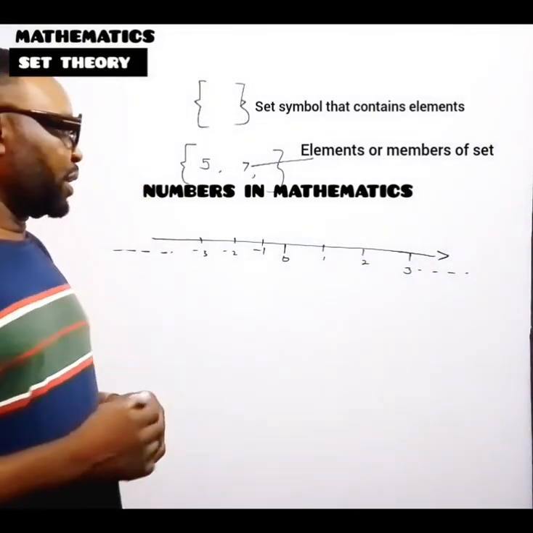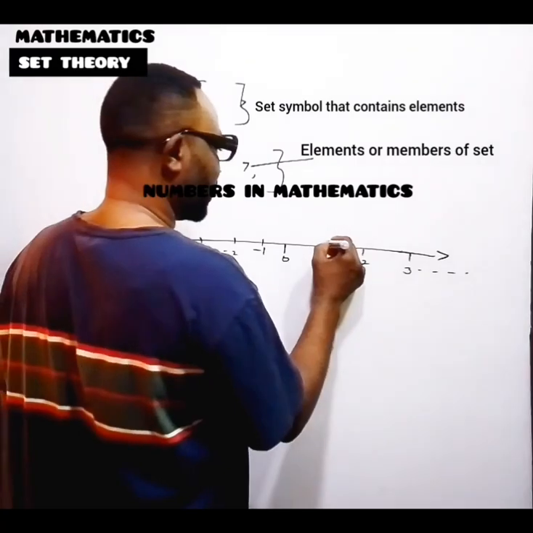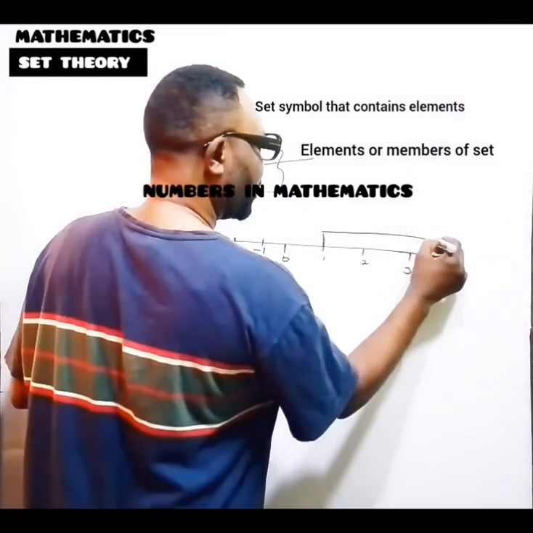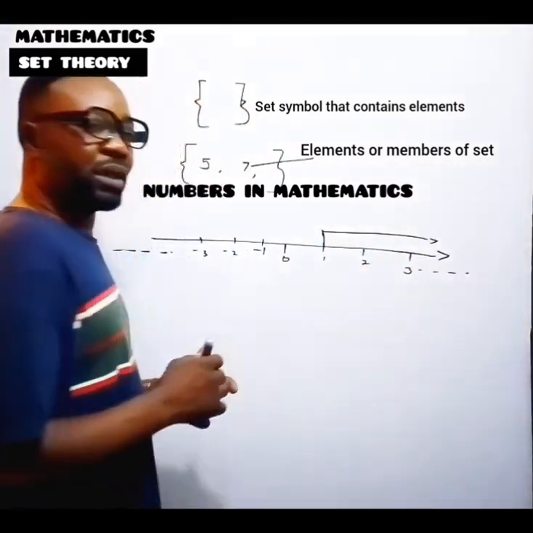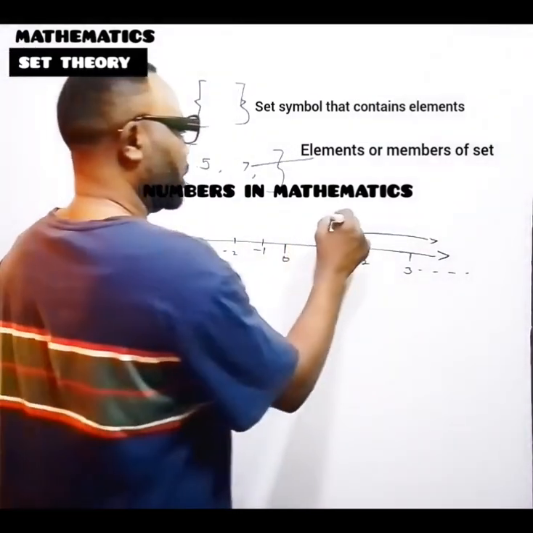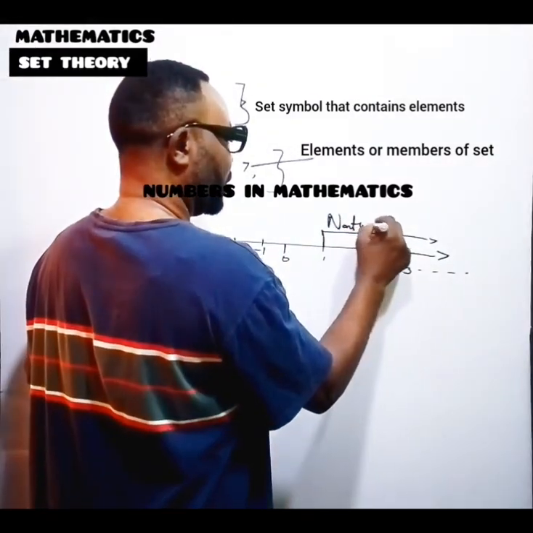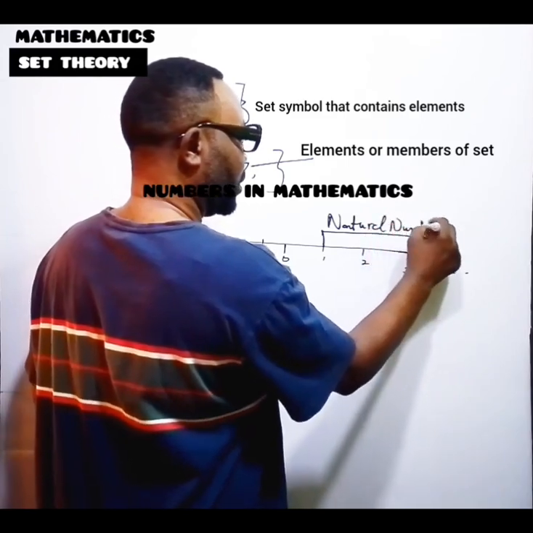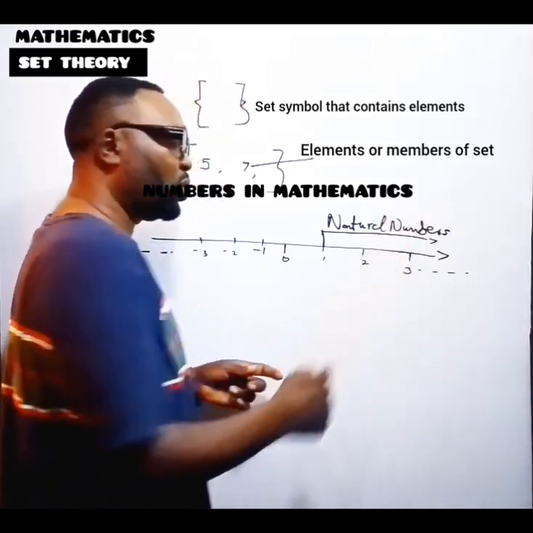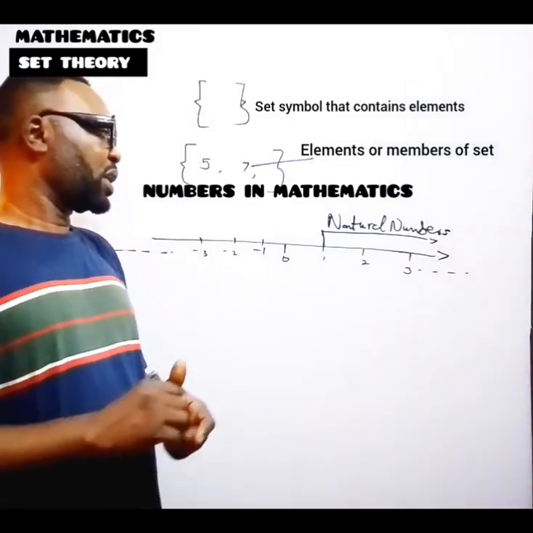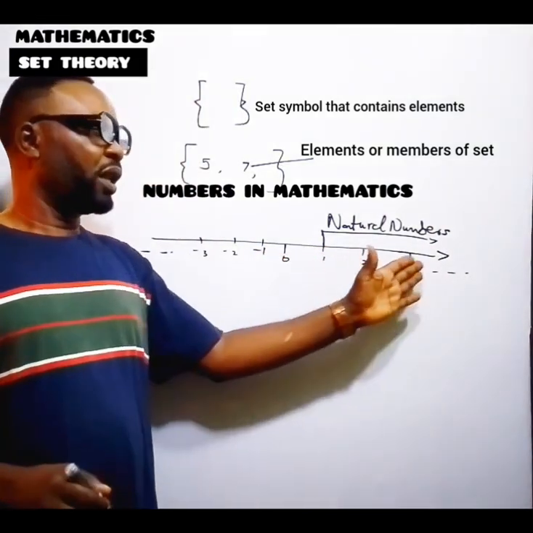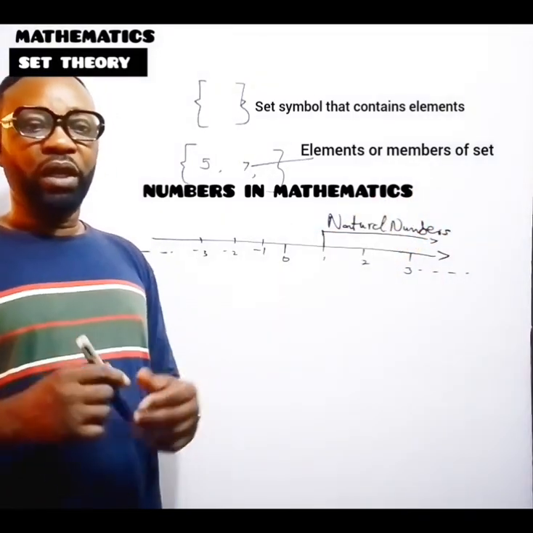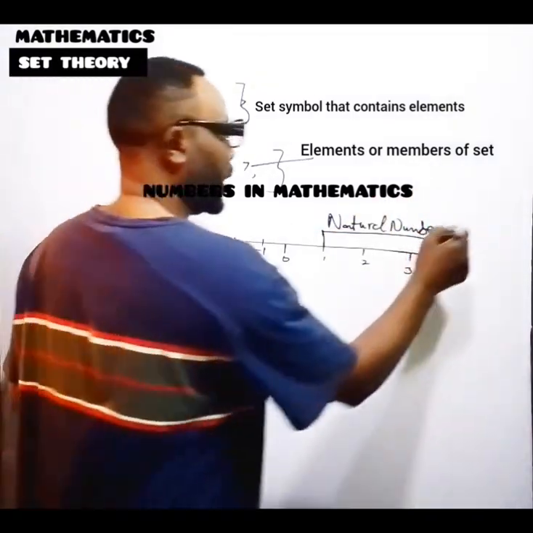For me to place my numbers, I am going to start with the natural numbers. These are called natural numbers: whole numbers that start from 1, 2, 3, 4, 5 till infinity.